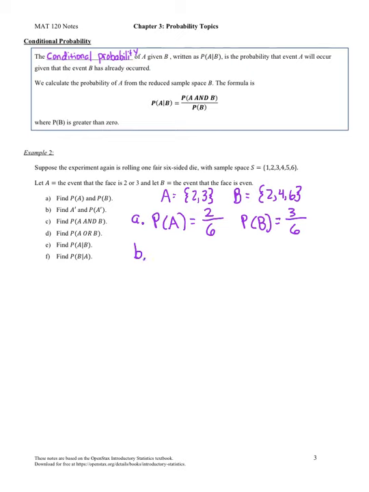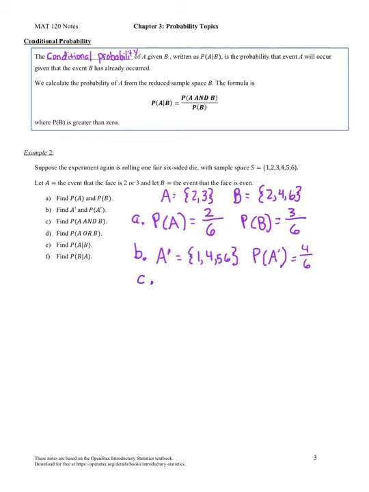Taking a look at letter B, they ask us to find A prime or A complement, and that means everything that is not in A. So the probability of A complement, since there are 4 items here, will be 4 over 6.